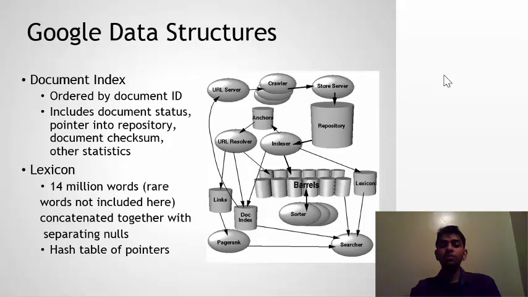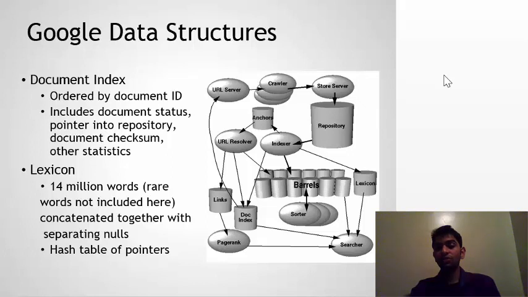Document index includes document status, other statistics, document checksum, and pointer into the repository. They are ordered by document ID. Lexicon is a collection of words which are most likely to repeat in queries.